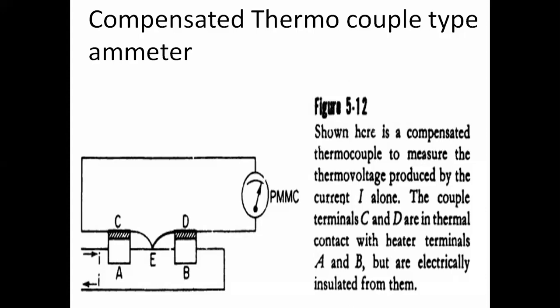By connecting a shunt resistance in parallel with the basic meter, we get the ammeter, and the ohm meter is obtained by connecting a voltage source and a resistor in series with the meter.